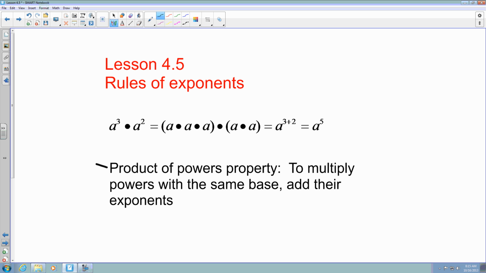If you look at the example, it's a cubed multiplied by a squared. Your base in this case is a. If you have the same base, you can add the exponents together, and in this example it's a to the 5th power.